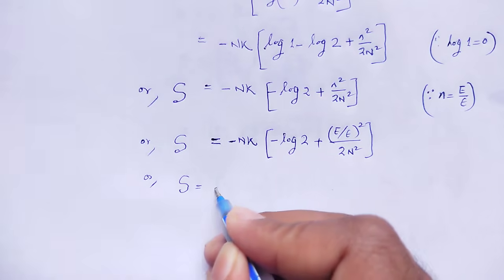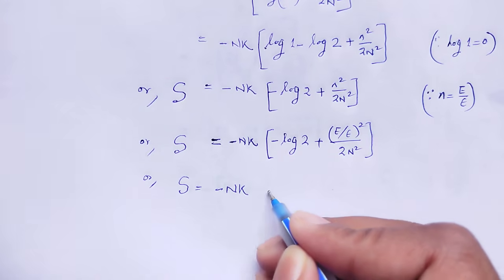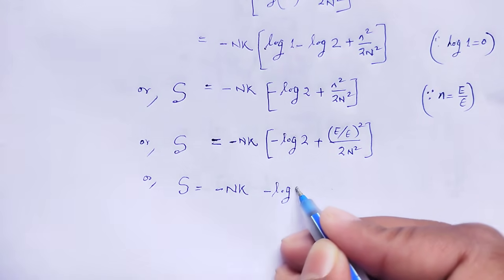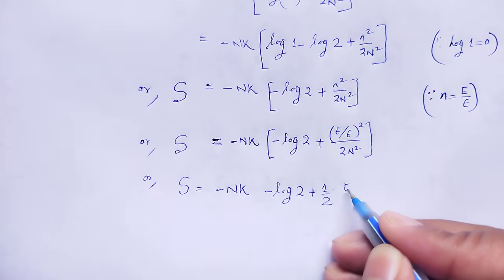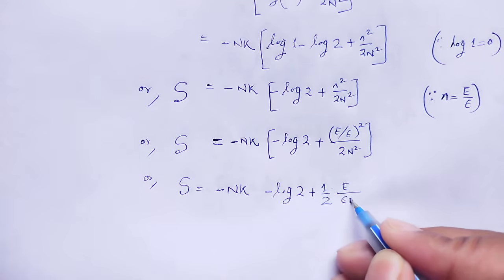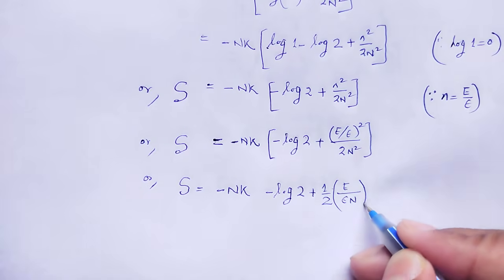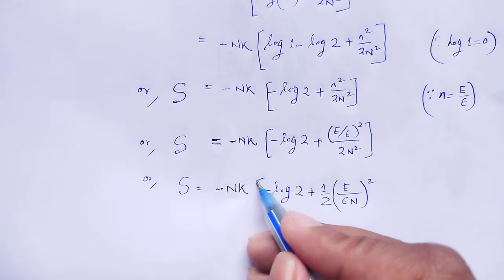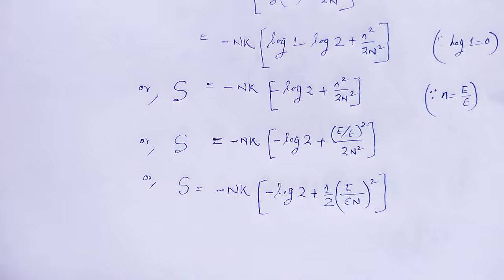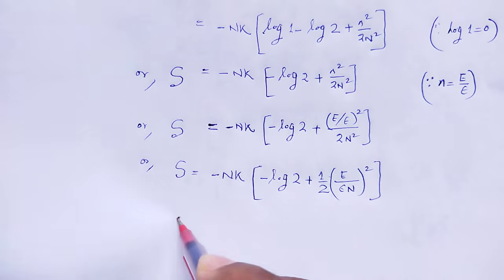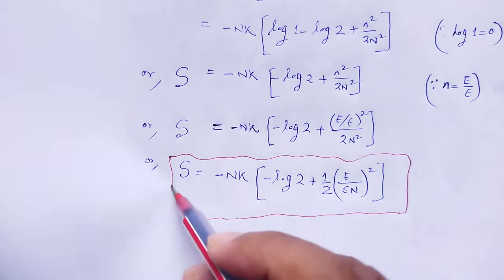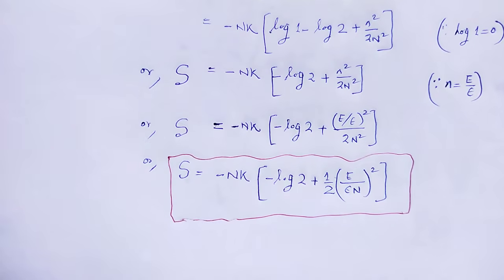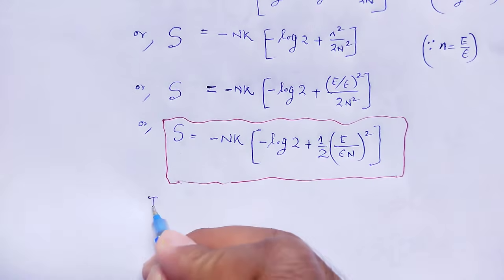S is equal to minus nk (minus log 2 plus half E divided by epsilon n whole square). This is the expression for entropy.